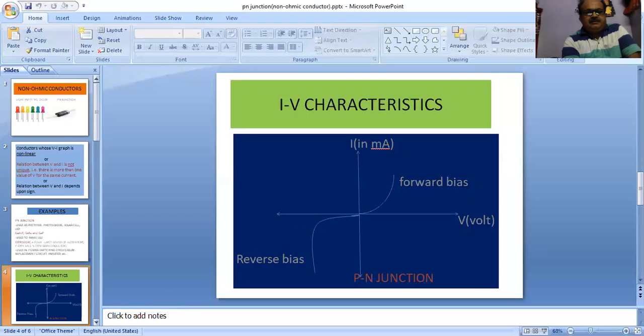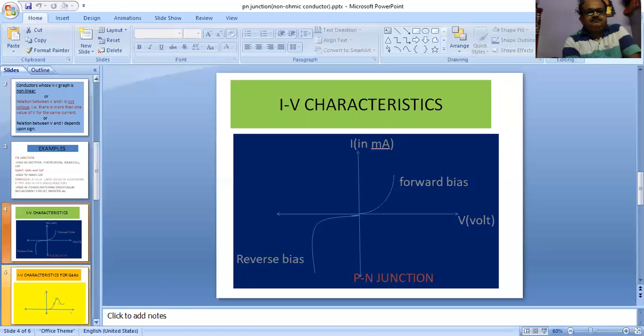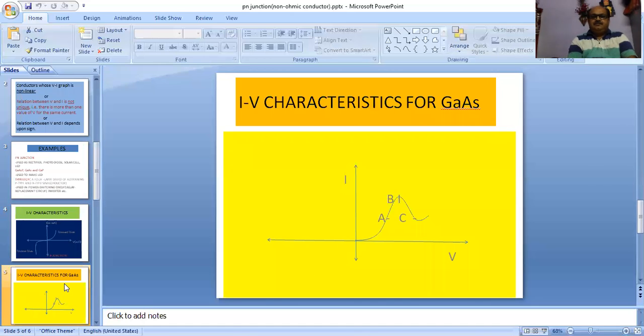Now, second example. This is the IV characteristics graph for GaAs, gallium arsenide, or gallium phosphide. First observation from the graph is that the graph is nonlinear.